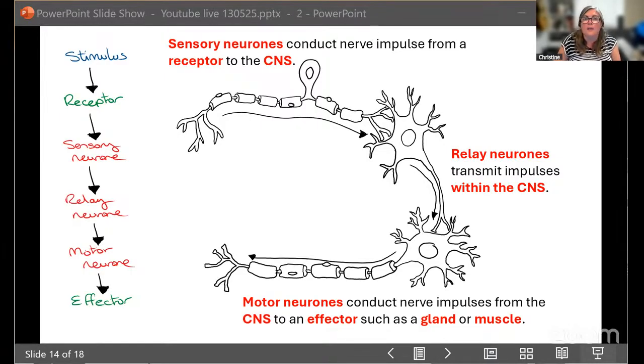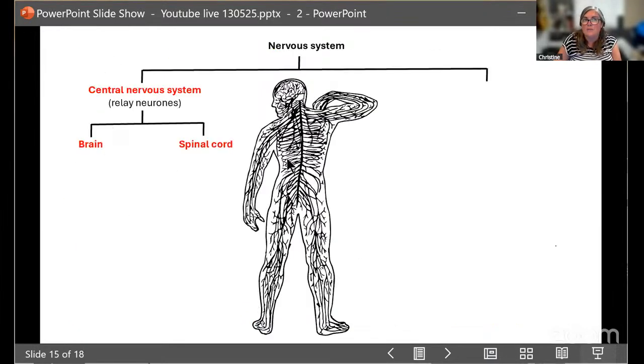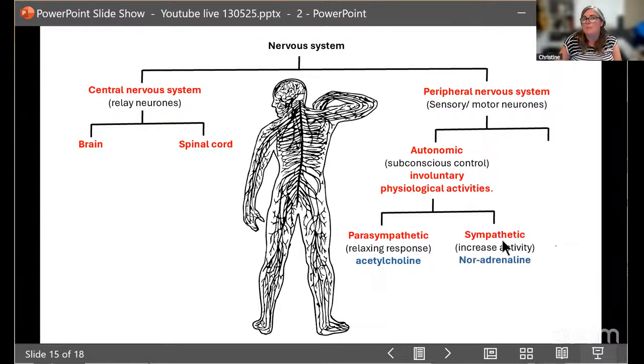So if we look here, you've got your nervous system, central nervous system, brain and spinal cord, peripheral nervous system, your sensory and your motor neurons. So your autonomic, subconscious control, involuntary physiological activity, parasympathetic or sympathetic when it comes to the response that you're going to do.